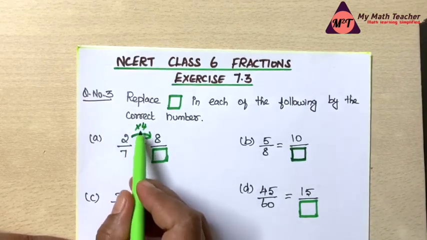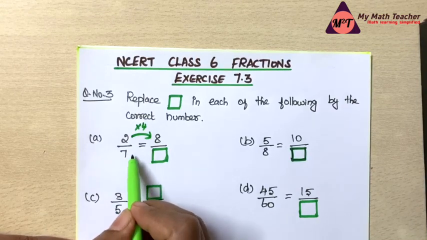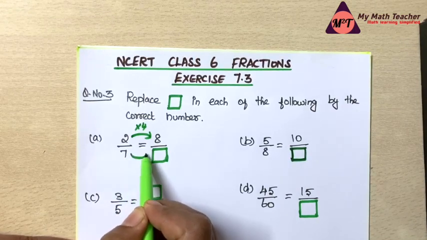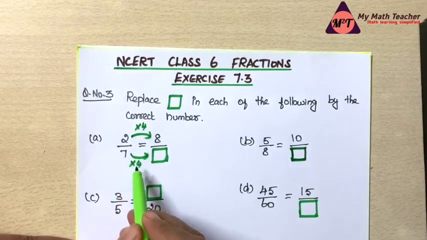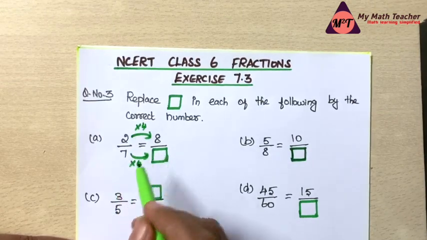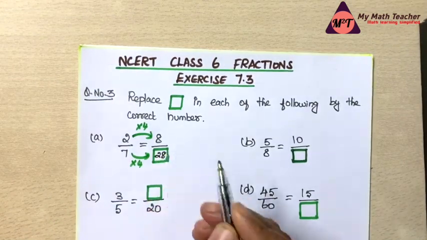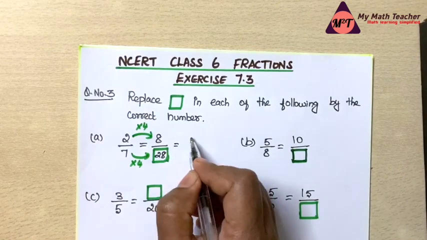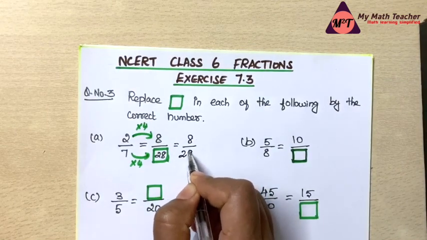The same number you have to multiply in the denominator as well. 7 4s are, what is the answer? 28. The answer is 28 here. So now this is the equivalent fraction, which is 8 by 28.